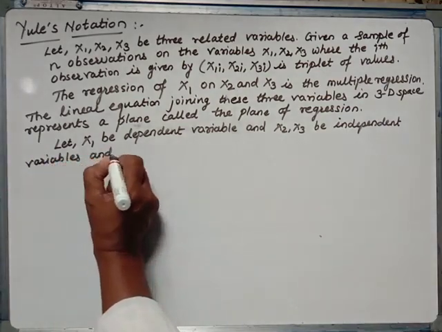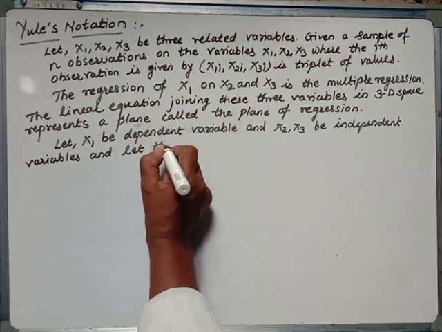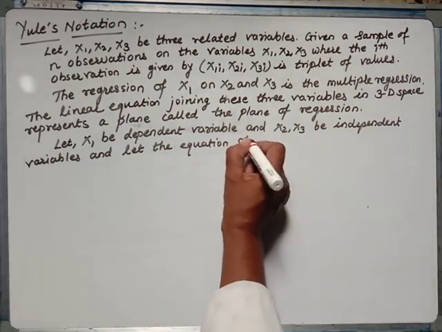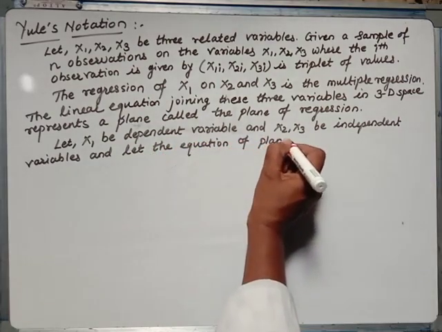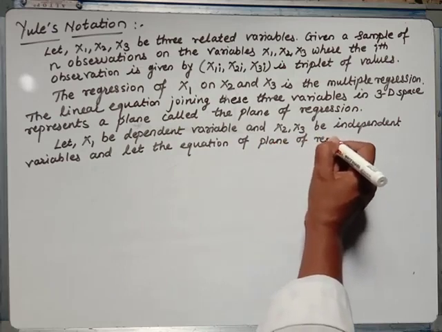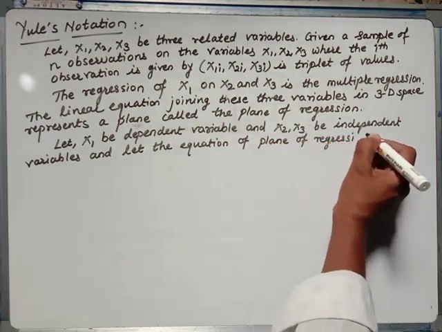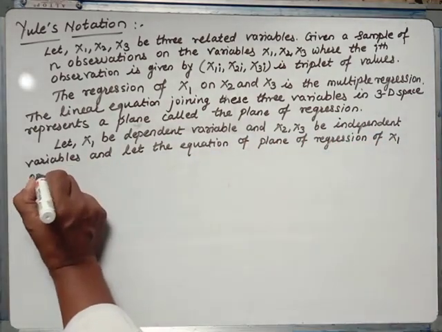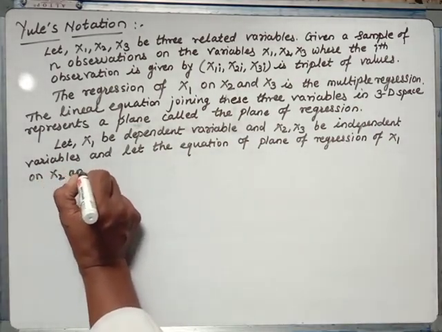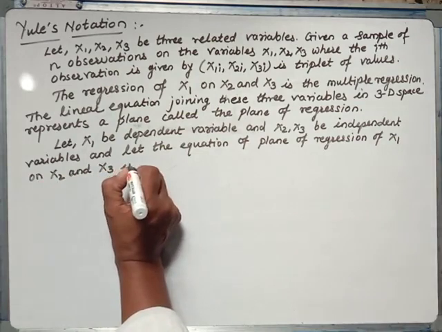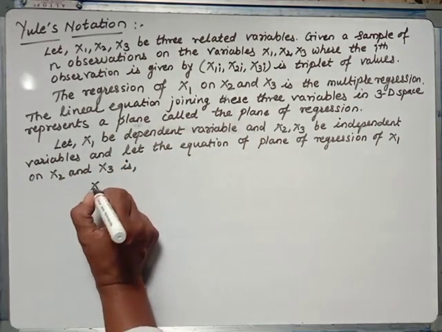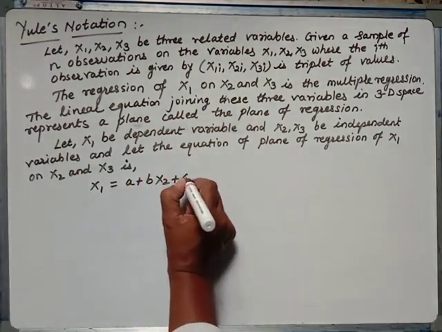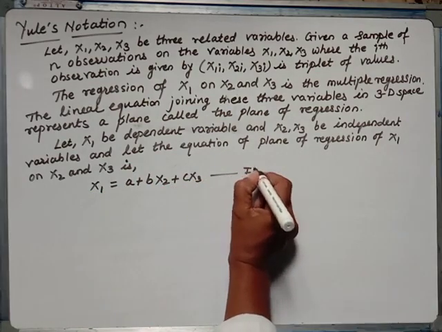And let the equation of the plane of regression of x1 on x2 and x3 be x1 equal to a plus b x2 plus c x3. Call it equation number 1.